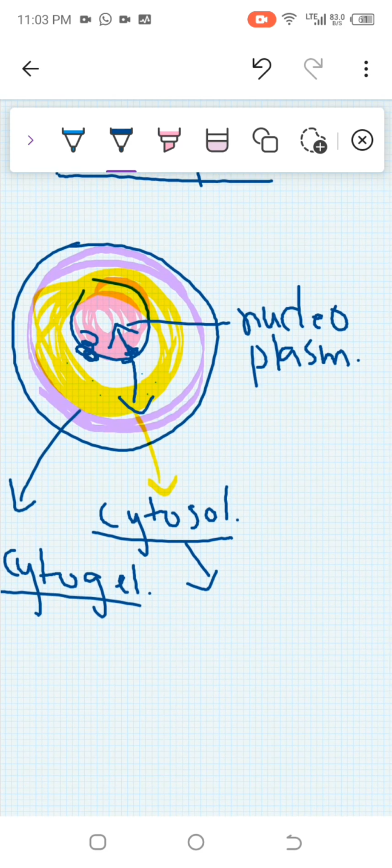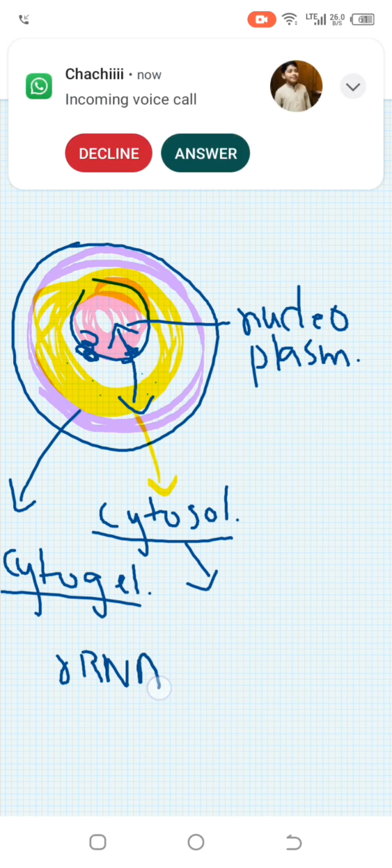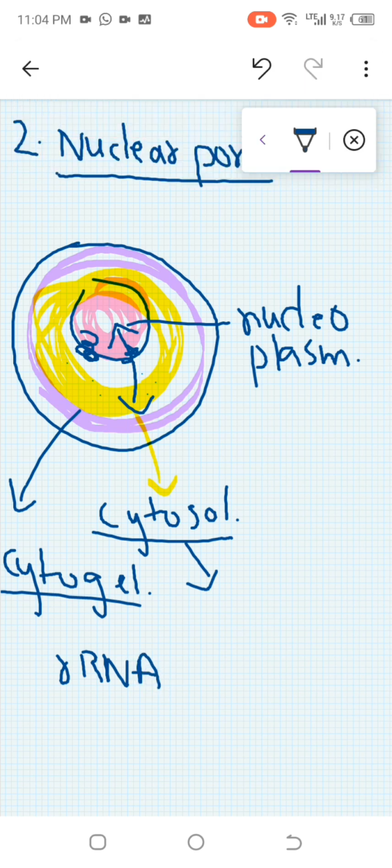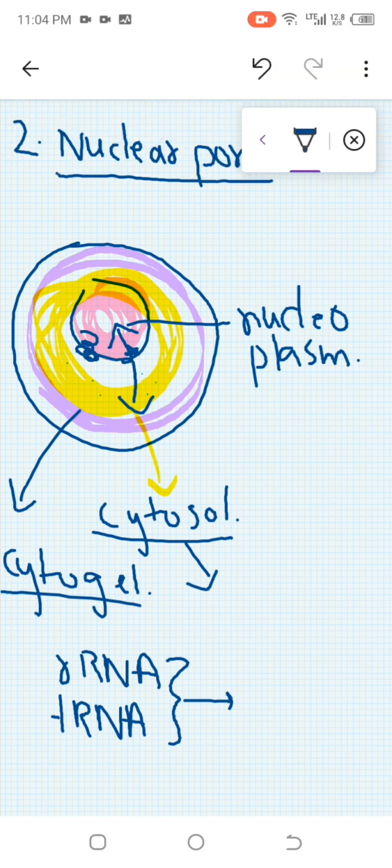Now, what actually moves in and out through the nuclear pores? As we know, for DNA transcription, RNA, rRNA, tRNA, these genetic materials present in the nucleus move into the cytoplasm through the nuclear pores.